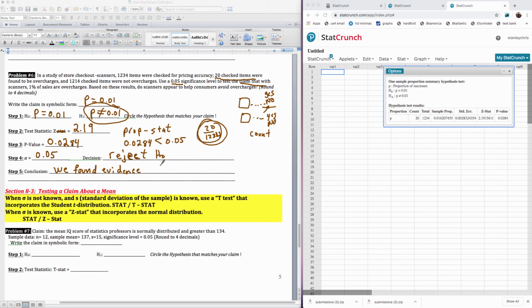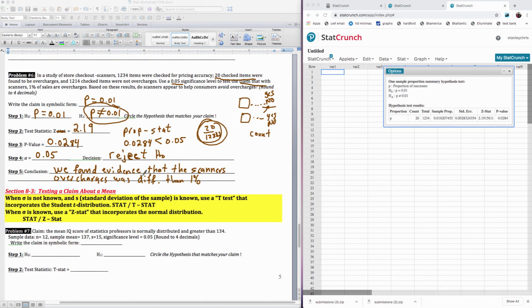Let's see the question. Test the claim that the scanner overcharges are different than 1%. We found evidence that the scanners' overcharges were, I'll just say, different than 1%.